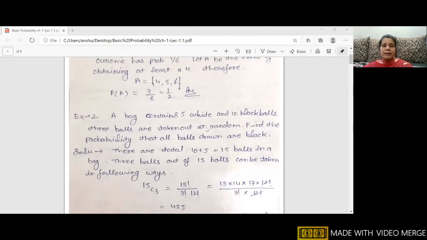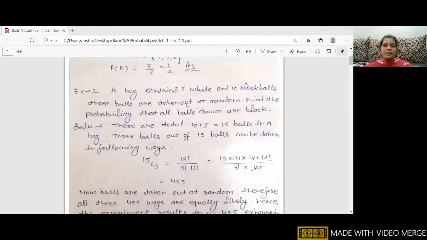The second example is a bag contains 5 white and 10 black balls. 3 balls are taken out at random. That means the bag contains a total of 15 balls. Find the probability that all balls drawn are black.